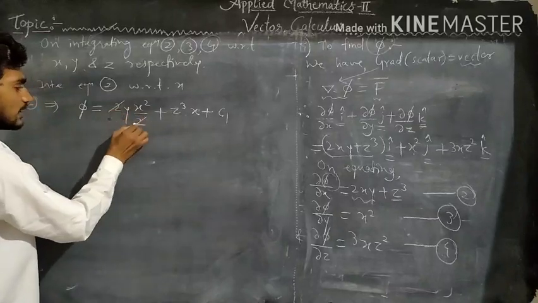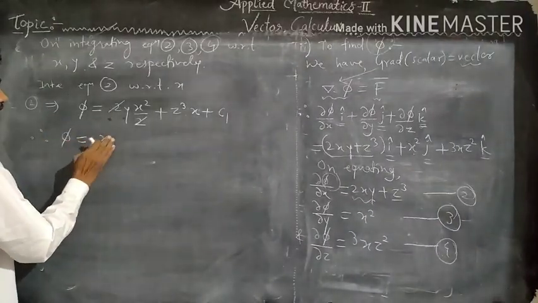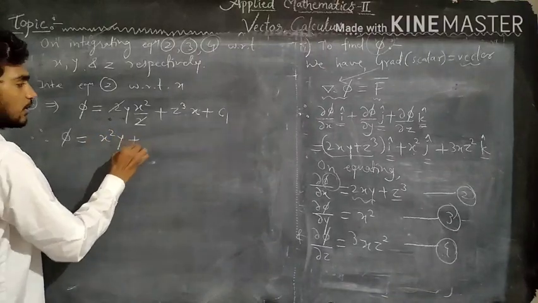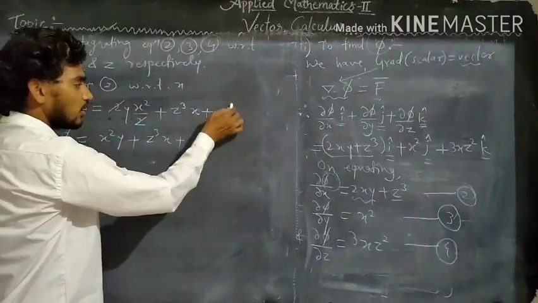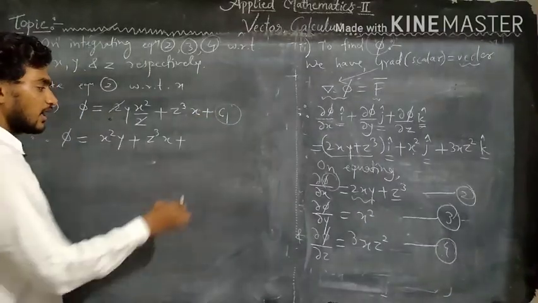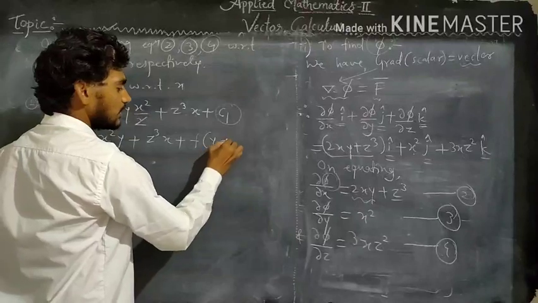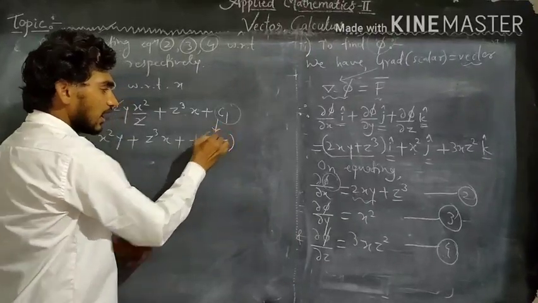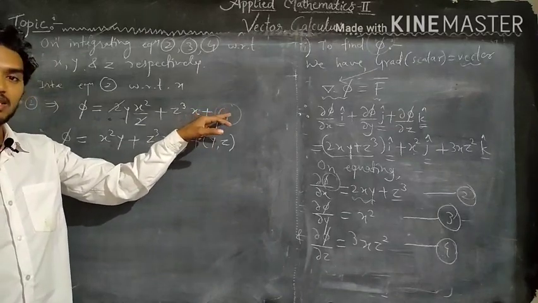Here 2 gets cancelled, therefore phi is equal to x square y plus z cube x plus constant of integration c1 can be written as f of y comma z. Here I have written f of y comma z in place of constant c1.